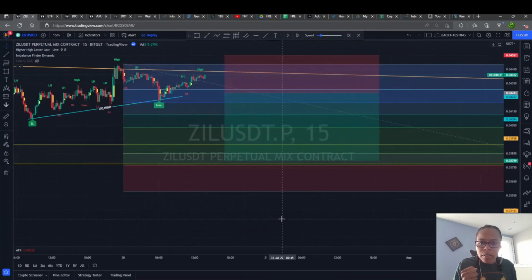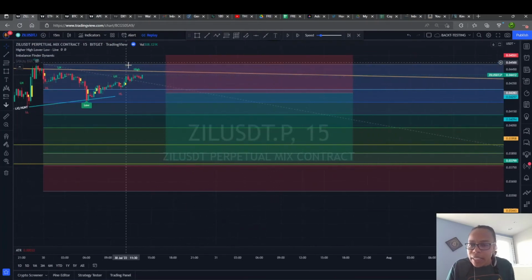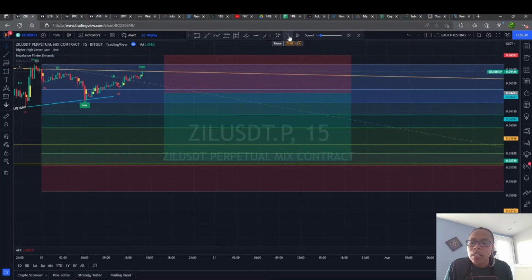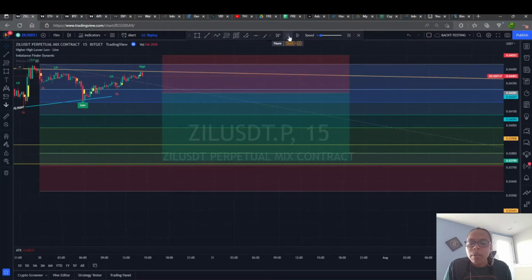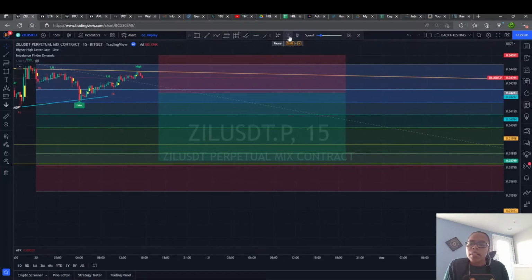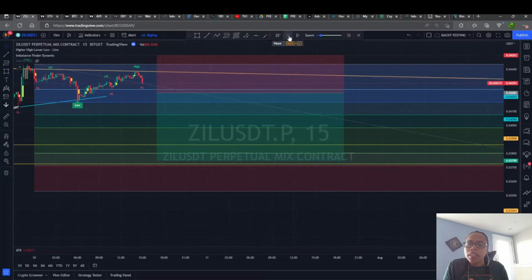So I could be wrong, because here's what's going to happen. If I'm wrong and it breaks this place, it has to do it with some volume and some heat, right? What's interesting, let's zoom in on this some more. Sorry about this, guys. It's all the hesitation, like they're fighting hard. Let's move this along a little more. Let that play out. Now, if I see it rejected, okay, I'm going to do the safe entry.